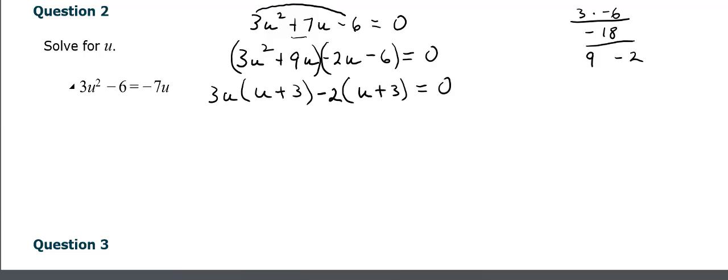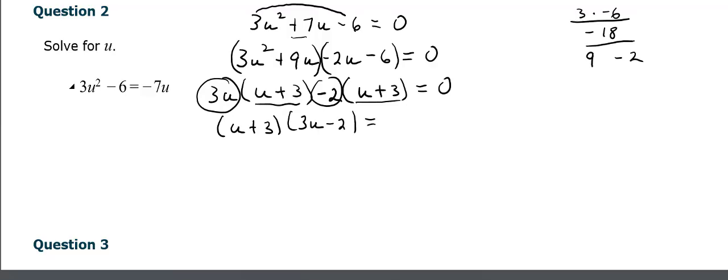Now you can see that our greatest common factor is u plus 3. And when we divide that out of each, that leaves us with 3u minus 2. So in its factored form, we have the quantity u plus 3 times the quantity 3u minus 2.